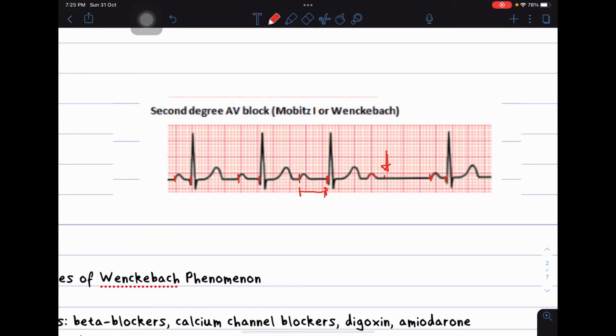So this is the dropped beat, and we see the PR interval is comparatively way smaller than the previous one. So it is the defining or characteristic feature of Mobitz 1. Before the missed beat is the longest PR interval, and after the missed beat is the shortest PR interval. So this is how we know that it is Mobitz 1.